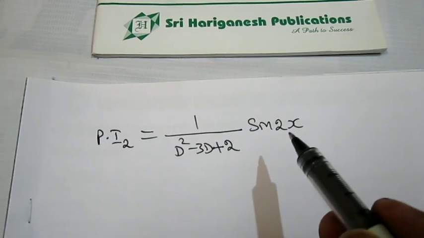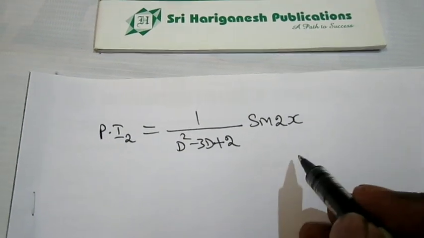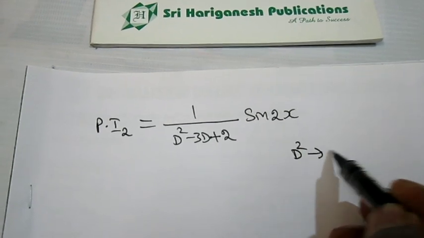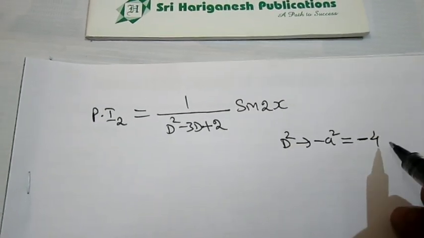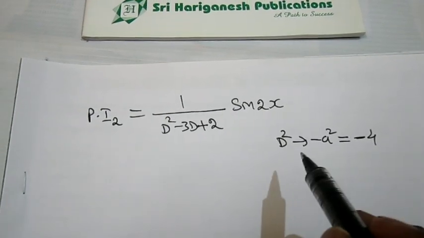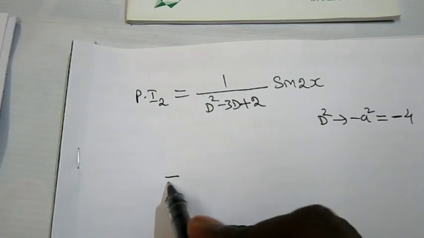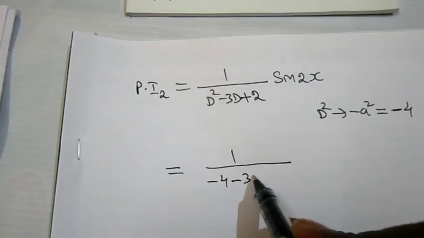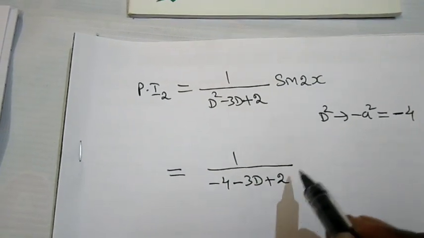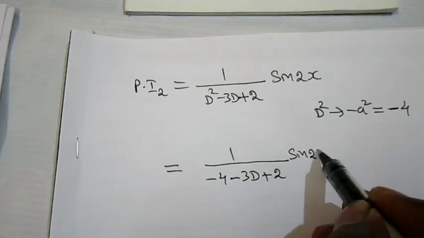So here the coefficient of x is 2, so a is 2, so d² is replaced by minus a², so minus 2² is minus 4. So only replacing this d², not for d. So that 1 by minus 4 minus 3d plus 2 into sin 2x.